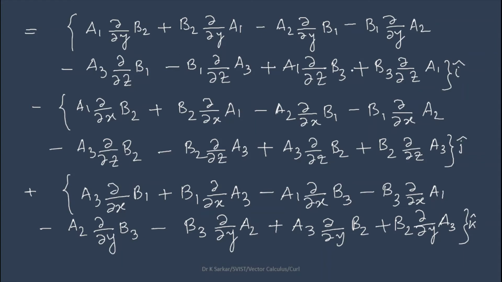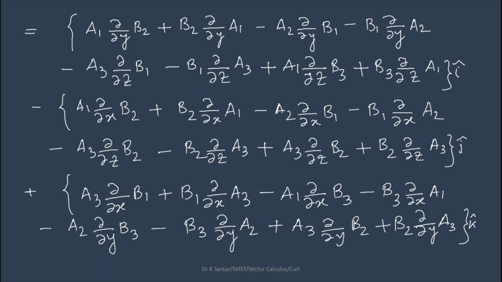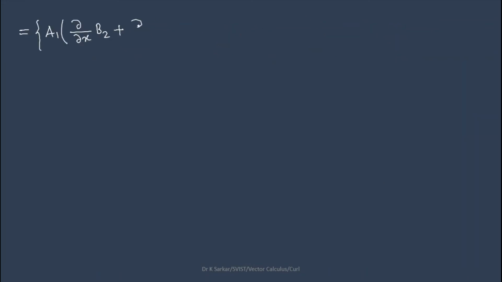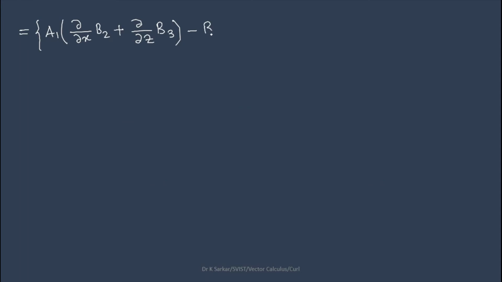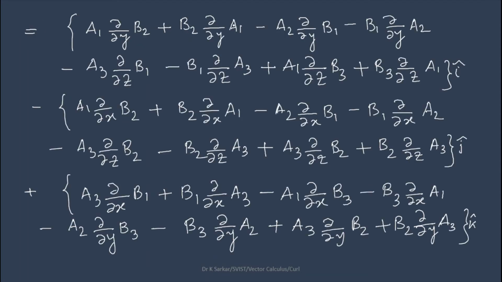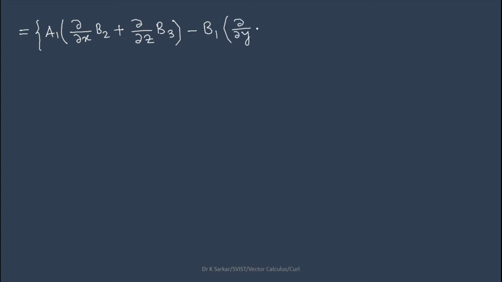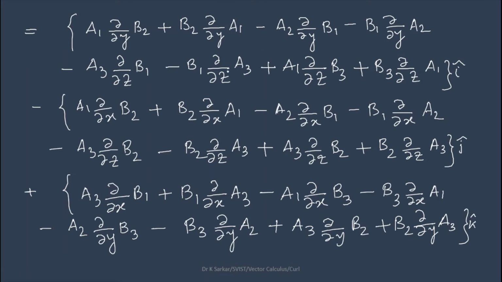So let us take A1 common: del/del z B3. Next, minus B1 common: del/del y A2 minus del/del z A3, del/del y A2, del/del z A3.